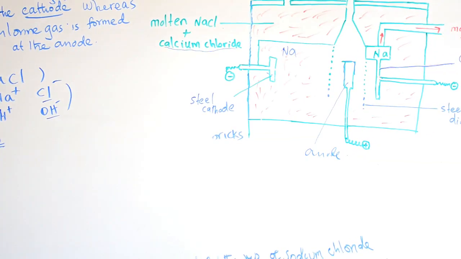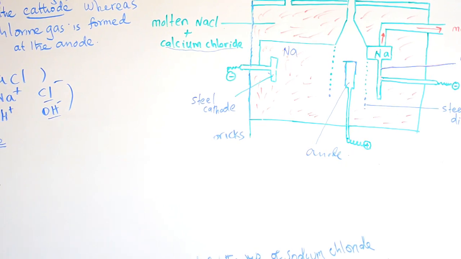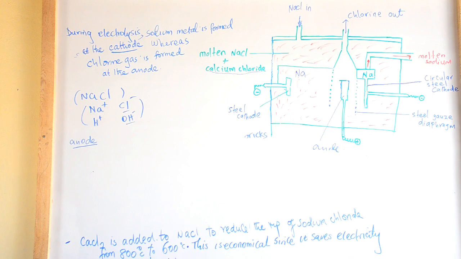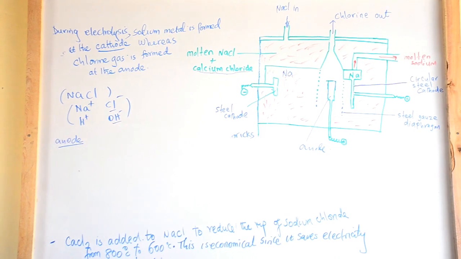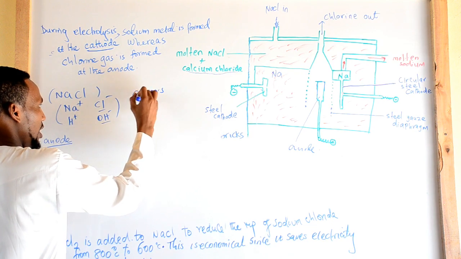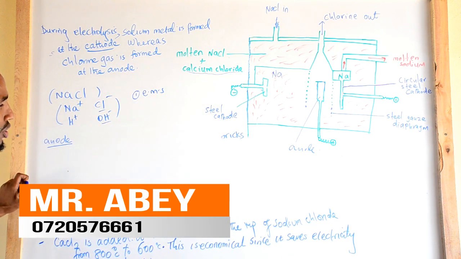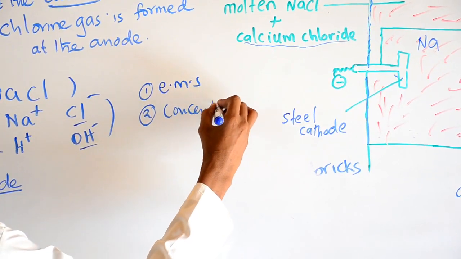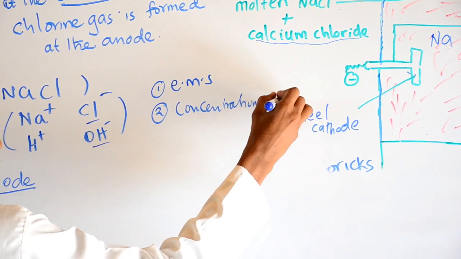But which one is discharged? For you to get the preferential discharge of ions, there are factors to consider. The first one was position in the electrochemical series. Number 2 is concentration of the ion.